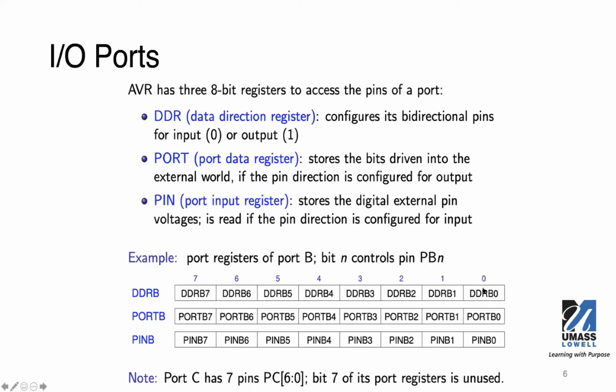So if the value on this bit is a 0, am I setting this PB0 as an input or output? It would be input, because 0 indicates that I would like to use this particular bit, and that is 0, so PB0, as an input.